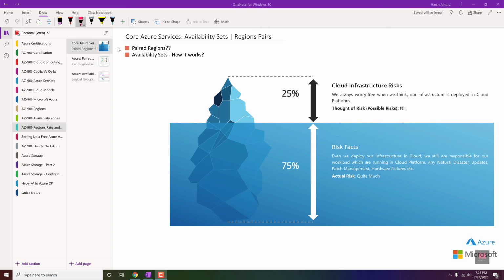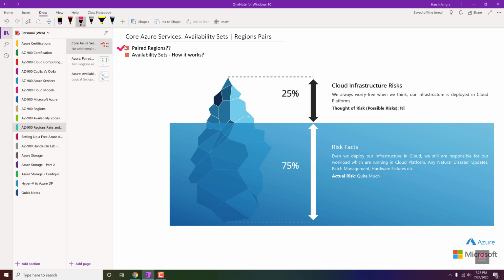So the very first thing we are going to talk about in this video is paired regions. Just to give you a brief idea, paired regions are nothing but a duplicate copy of one region in another region. I'm pretty sure you may not be aware of this functionality, because Microsoft has already thought about this situation: let's say the whole region goes down, not availability zones, the whole region.